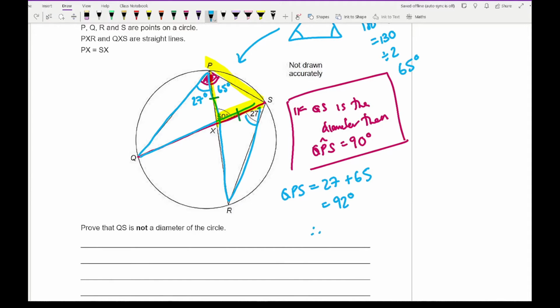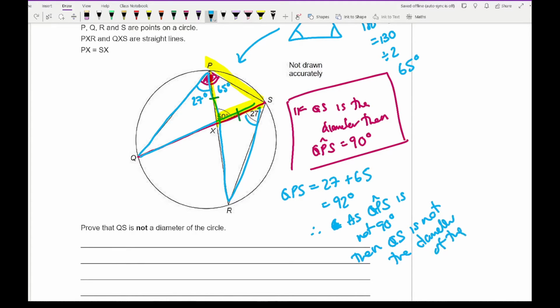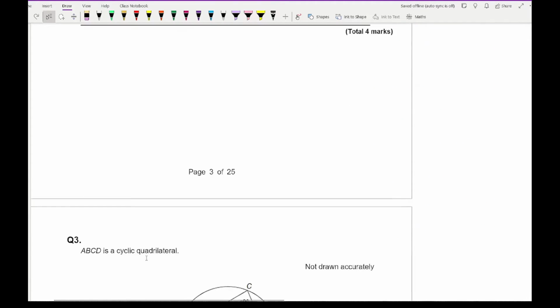So therefore, as QPS is not 90 degrees, then QS is not the diameter of the circle. So something along those lines would be absolutely fine for the 4 marks.